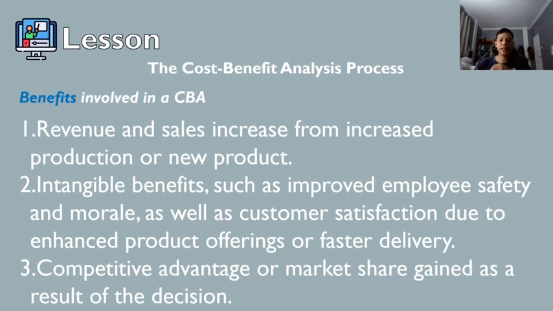Then finally, the results of the aggregate costs and the benefits should be compared quantitatively to determine if the benefits outweigh the costs. You need to study the benefits and the costs. If so, then the rational decision is to go forward with the project.